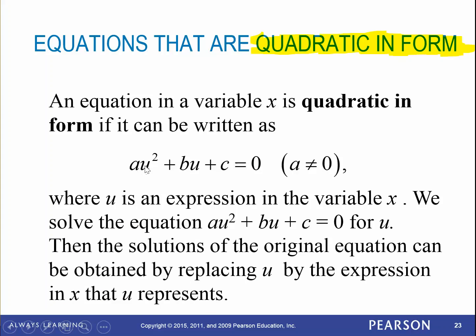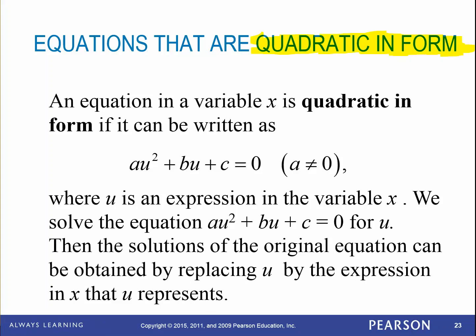So au squared plus bu plus c is equal to 0. Isn't that what we usually want? We want something squared, followed by that something to the 1 power, then followed by a constant term, right? That's the trinomial that we usually factor.